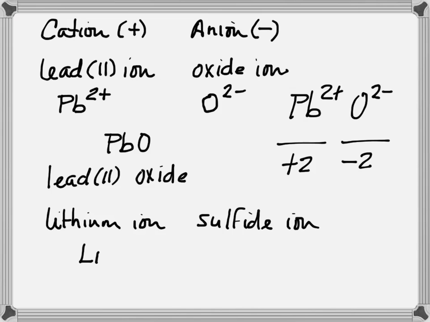Li, and what charge does it have? It's got a +1 charge because it's in group 1A. Group 1A, +1. Group 2A, +2. Group 3A, +3. And then there were those 3 pesky ones, zinc, silver, and cadmium, that you have to memorize.